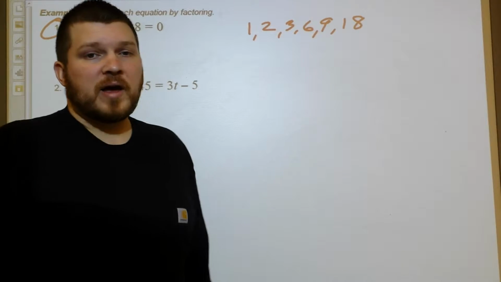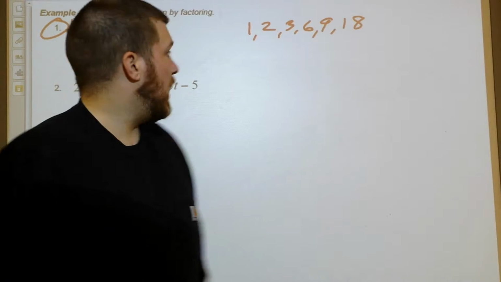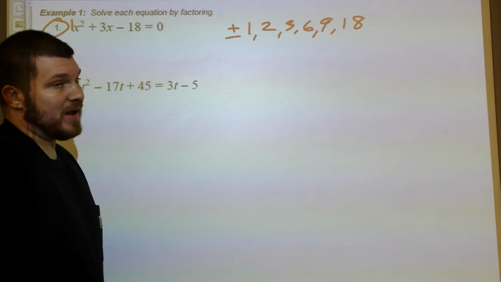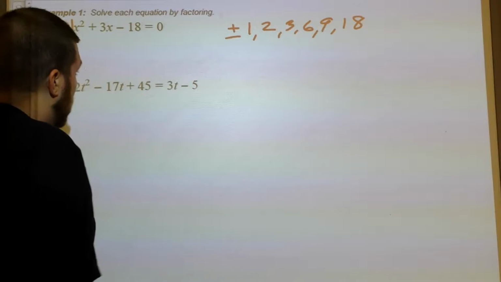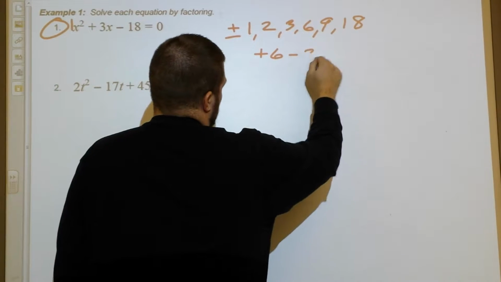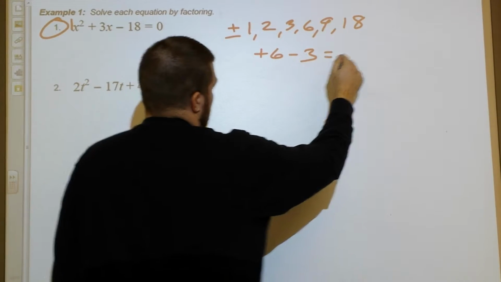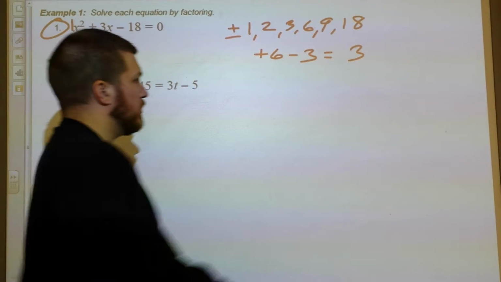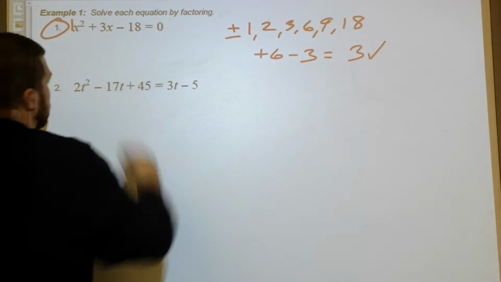We want to find two factors out of this list that will add up to 3. Don't forget, you get to also consider positive and negative factors. Well, I know positive 6 minus 3 is going to be positive 3. So that's our first check. Our B term was positive 3.